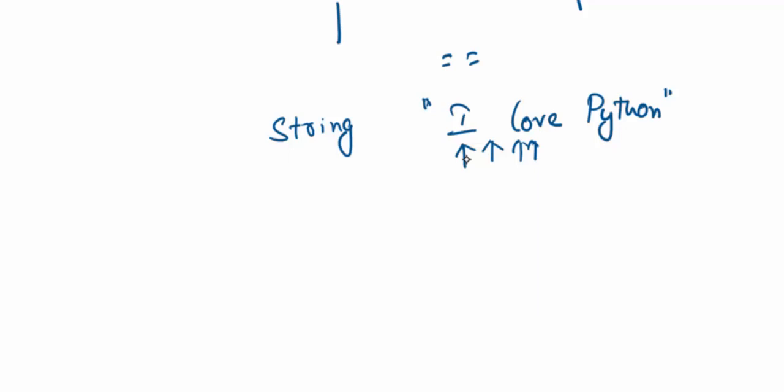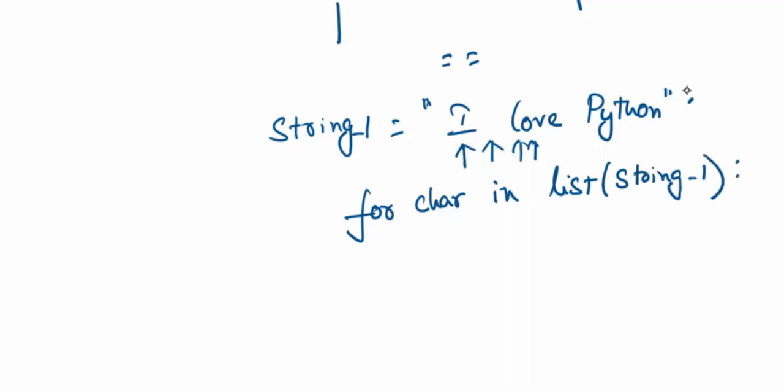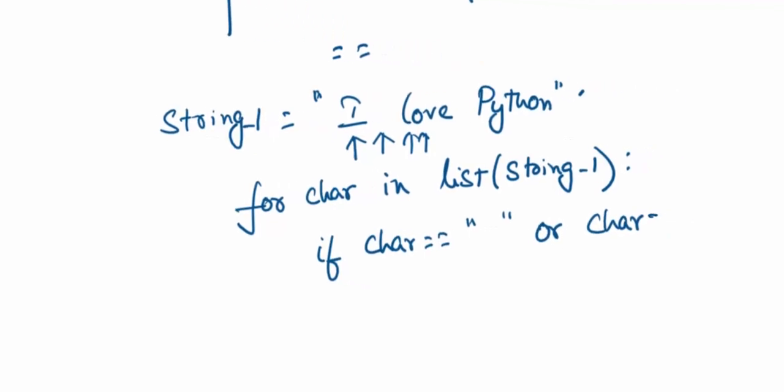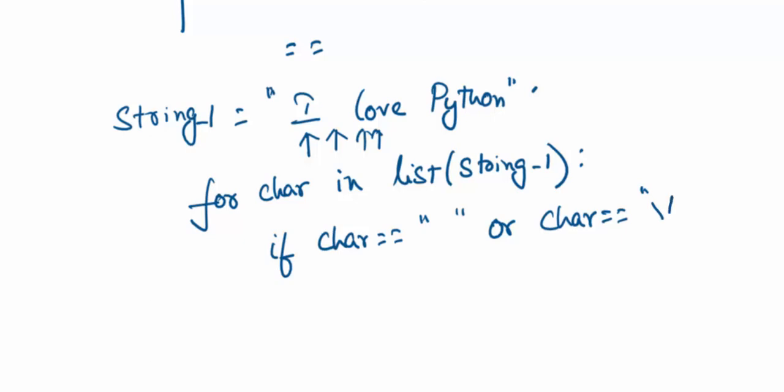So if string 1 equals this, then we loop through all these elements: for char in list of string 1. Now, if char equals a space or char equals a tab, either way it's a space, then return true.